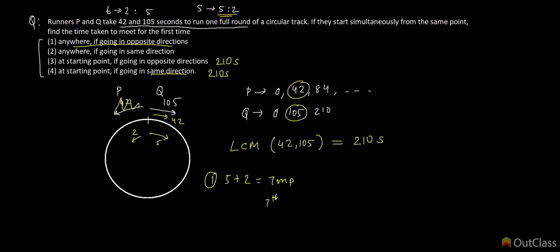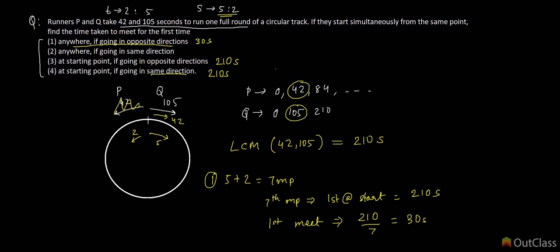And then the 7th meeting point is the first at the starting point, which we already found was 210 seconds. If the 7th meeting point happens at 210 seconds, the first meeting happens at 210 by 7 is equal to 30 seconds. So that's the answer to the first part.